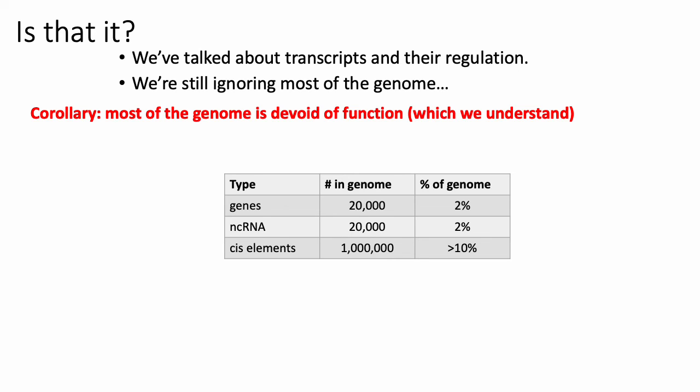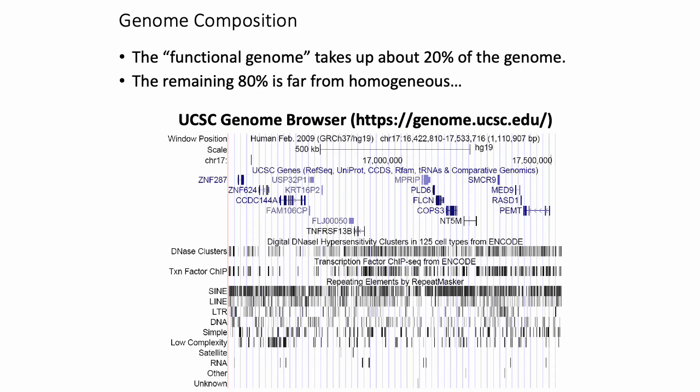Again, protein coding exons take up about 2% of the genome. Non-coding RNAs, 2%. Regulatory elements, somewhere 10 to 15%. And so that leaves a large part of the genome that is either devoid of function or at least devoid of function that we understand at this current point in time.